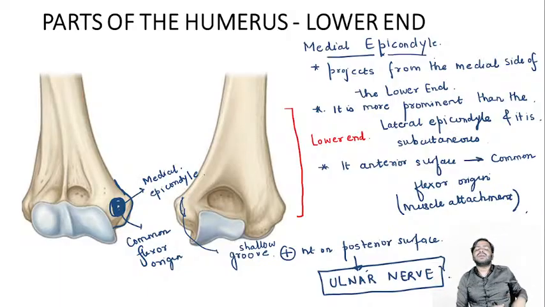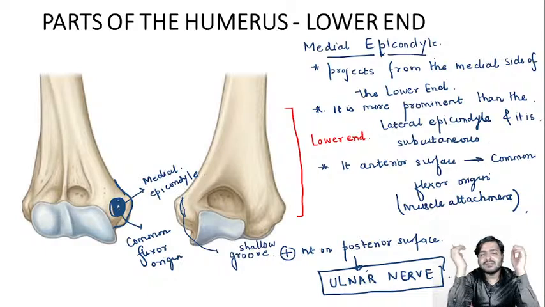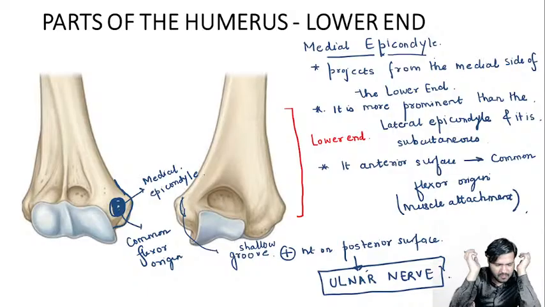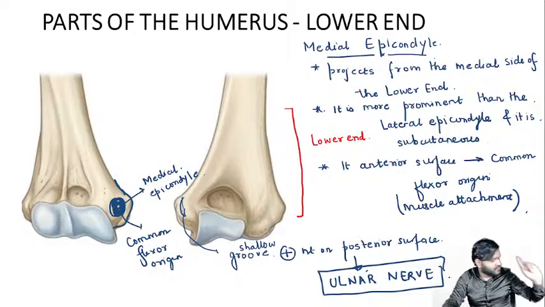Now my question to you guys is, first of all this is subcutaneous. If there is a fracture of the medial epicondyle of the humerus, which nerve is likely to be injured? Answer in the chat box guys. I hope I asked you this question yesterday also, and this is also something very important.